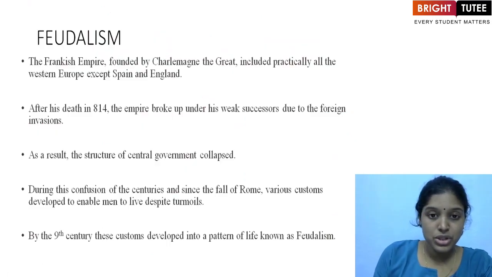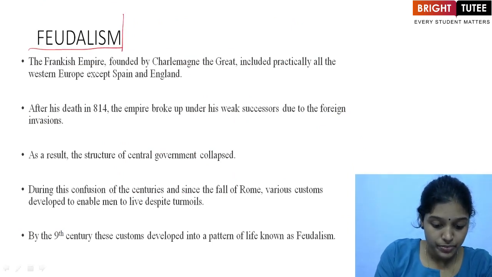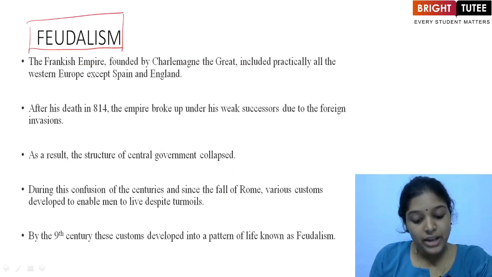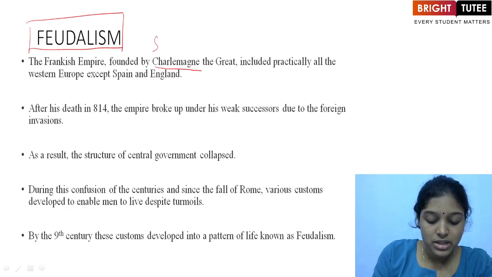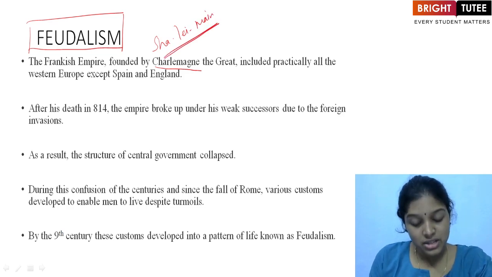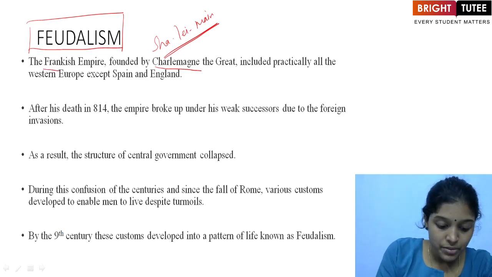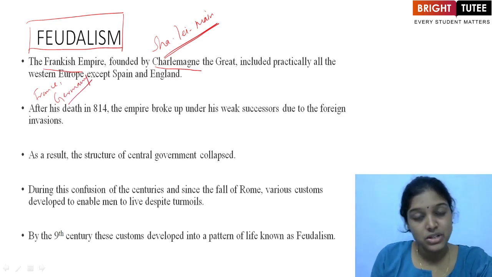So the first institution or social structure we will be looking at is feudalism. So the Frankish Empire, founded by Charlemagne the Great. Although it's written as Charlemagne, we pronounce it as Charlemagne. This is how the name of this king is pronounced. So the Frankish Empire included parts of France, Germany, and some other parts of Western Europe.